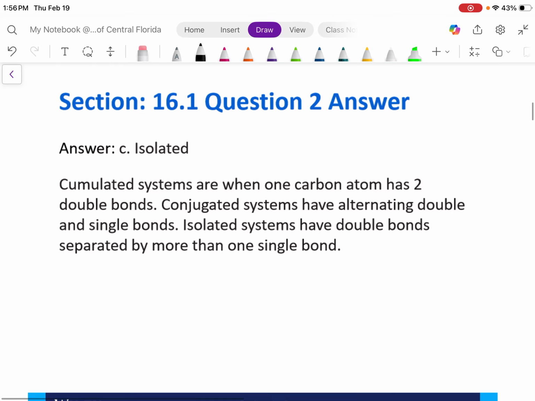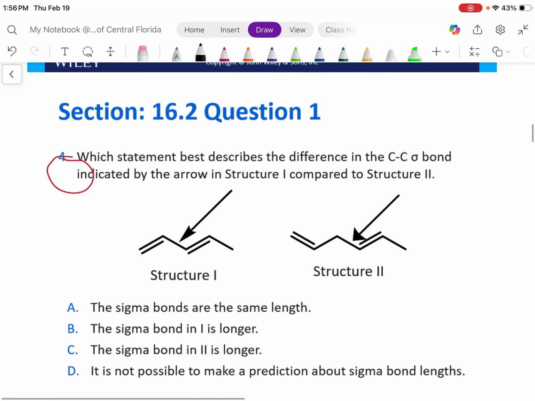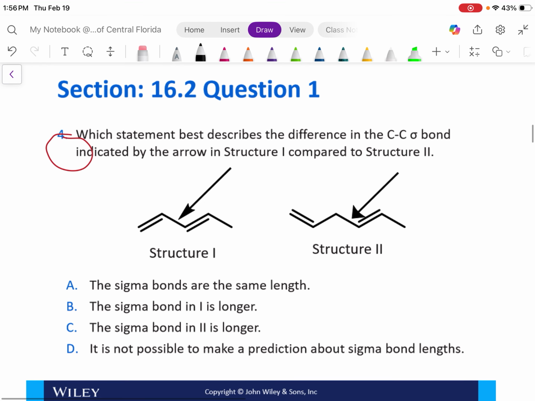Question 4. The next one. Okay, in structure 1, we have conjugated double bonds. And then in structure 2, we have isolated. Okay, so this carbon right there is sp3 hybridized, whereas all these carbons right here are sp2 hybridized.